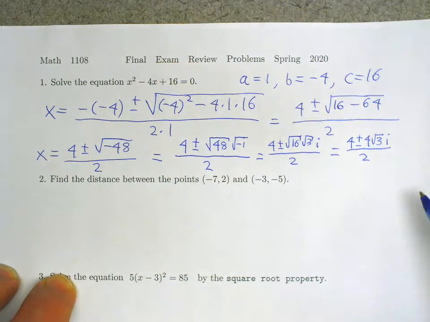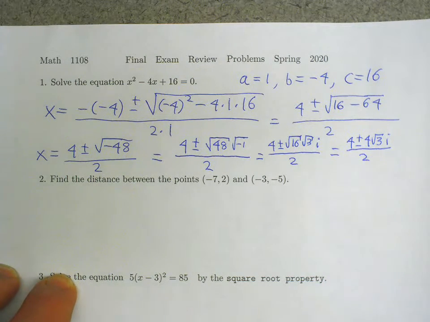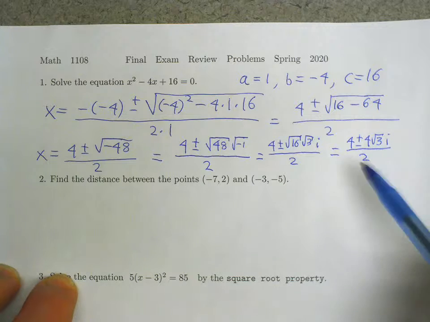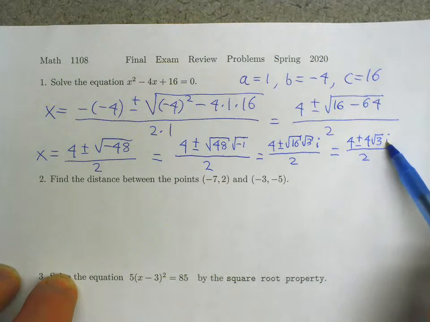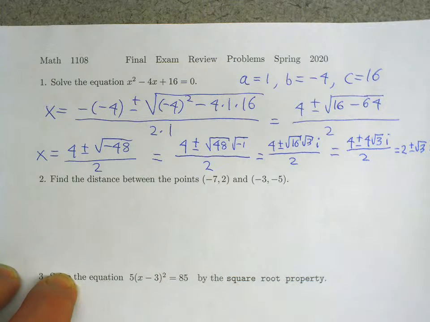And then every term in the numerator and the denominator has a common factor of 2. Another way to put it, if we just divide everything in the numerator by 2, we get 2 plus and minus the square root of 3 times i. Those are the two solutions.